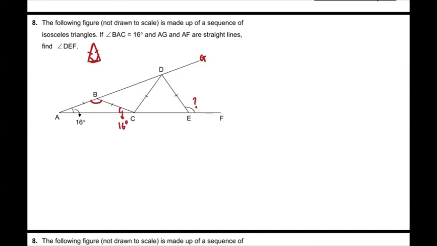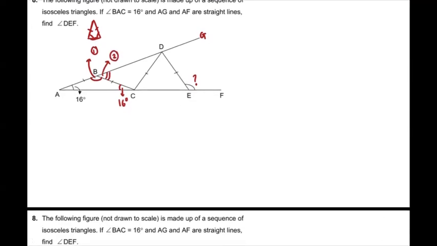Therefore, it's 180 minus 16 minus 16. Okay, so this is step number 1. Now, subsequently, after you are able to find that angle, you should be able to find BBC. So this would be your step number 2.